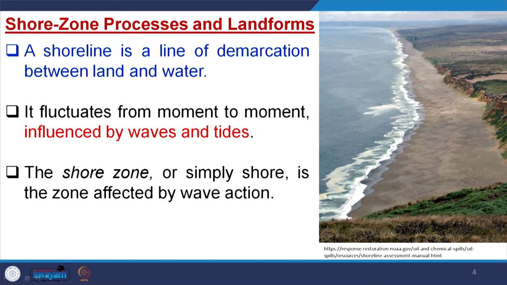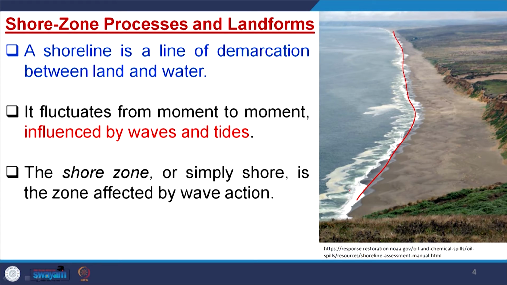What is a shore zone process? First of all we should describe what a shoreline is. A shoreline is a line of demarcation between land and water. Here you see the shoreline, but it is not a fixed line.